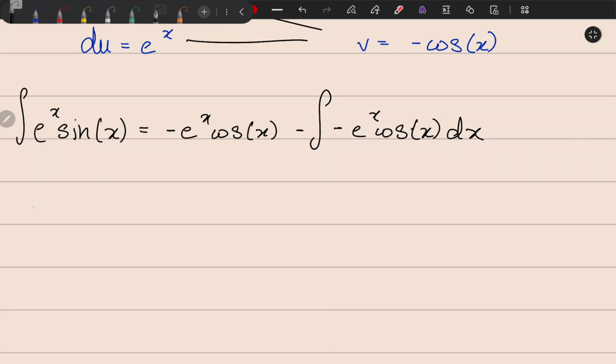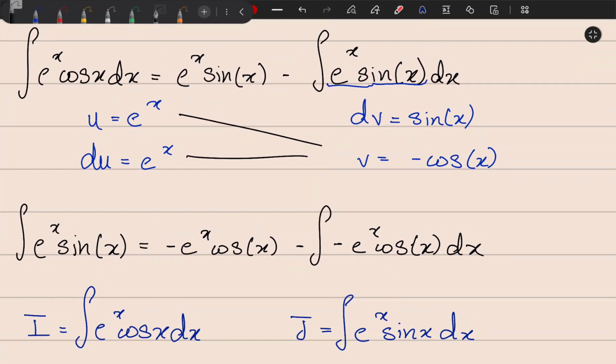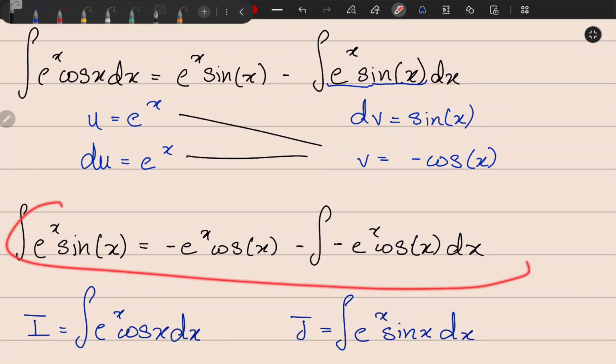All right, and now let's substitute some things. Let's say that I is equal to the integral of e to the x cos x, and J is equal to the integral of e to the x sine x, right? So let me write these two equations that we have and substitute them with I and J. So let me write the first equation.